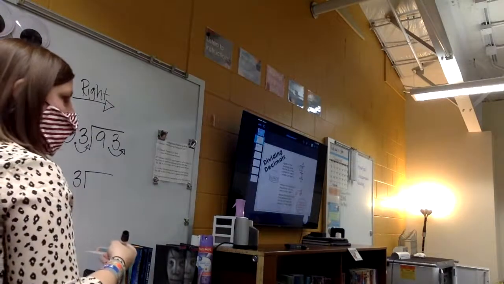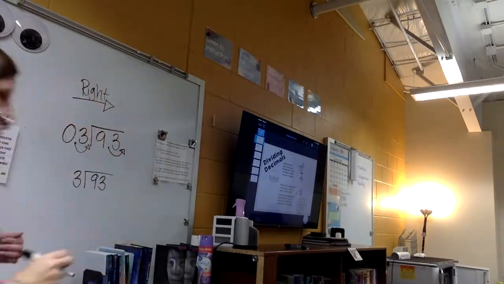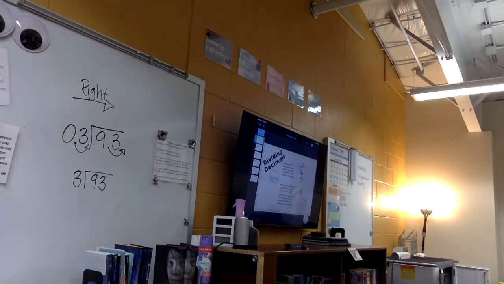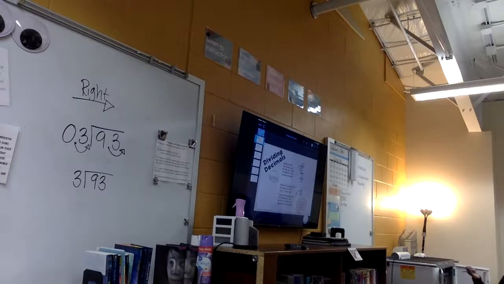Underneath my house, I now have 93. Now we divide, and you just divide like normal. You just have to remember that when you're dividing, deal with your decimal first. The answer is 31 if you want to do the math. It's not that hard.